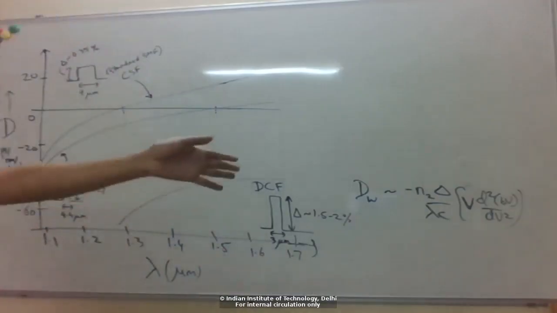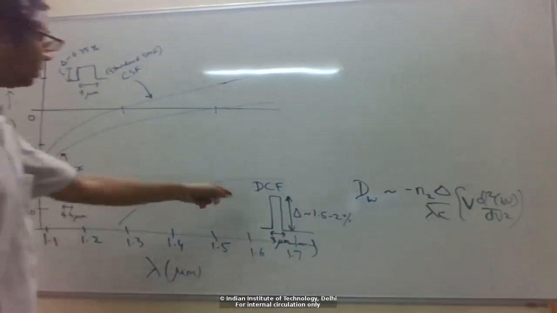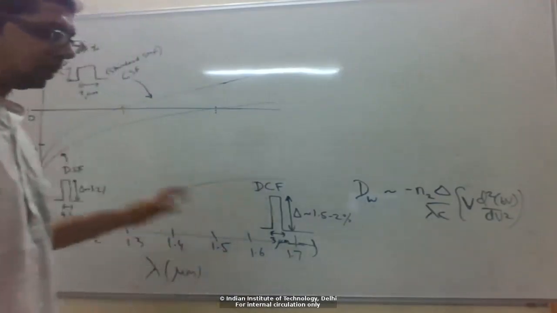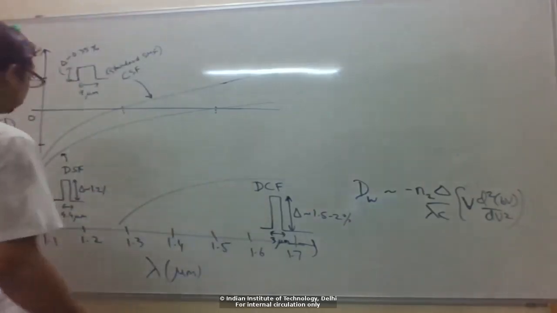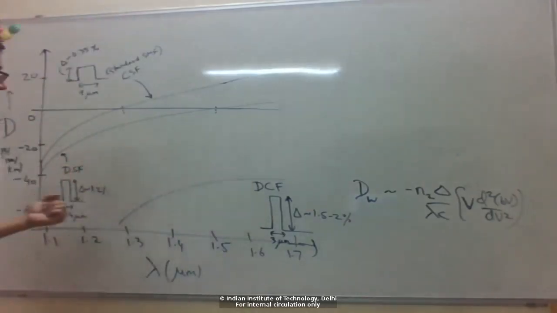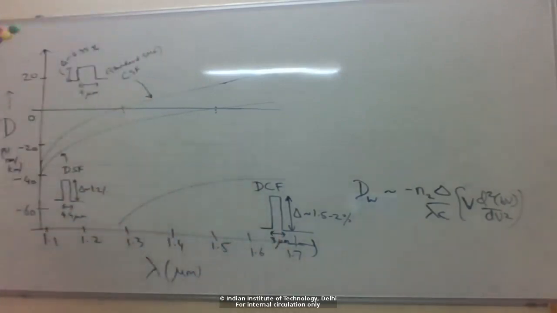So you have some link of length L. To compensate for the broadening in that, you just add another dispersion compensating fiber of length L by 3 or L by 4 at the receiver. Okay. So these kinds of fibers are also more expensive because they're harder to fabricate with smaller cores and higher doping.